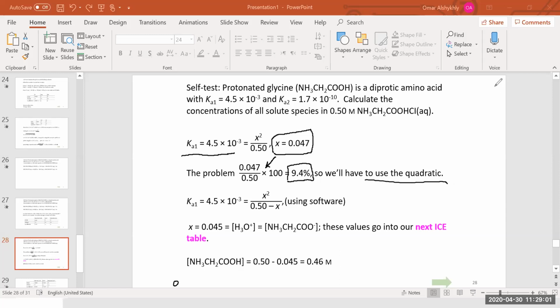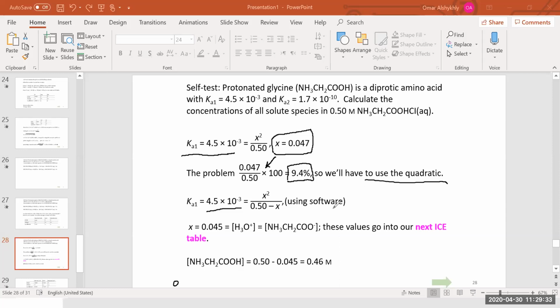Always, guys, check. Multiplying the constant K times 100 and comparing it with the initial concentration will work most of the time, but you then have to check. Now we use Ka equal to 4.5 times 10 to negative 3 equal to x squared divided by 0.5 minus x.